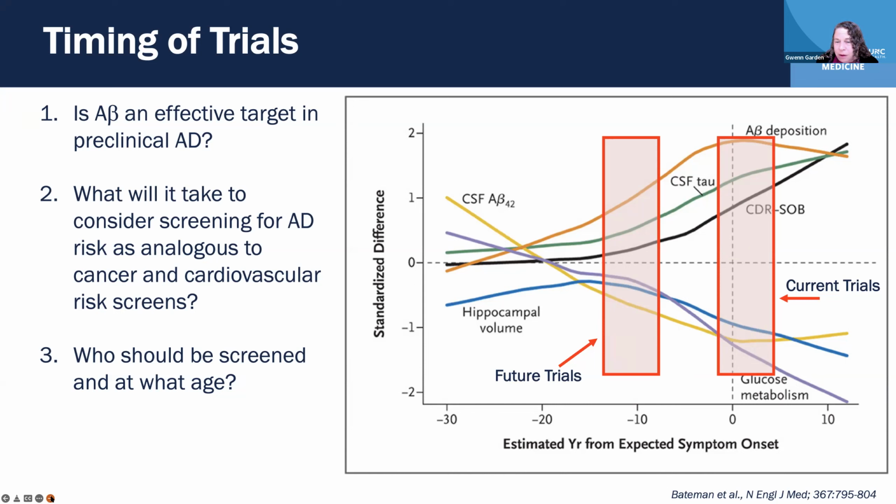These are all very important questions that individual investigators at both Duke and UNC are interested in pursuing. So for any trainees out there who are thinking about projects they may want to do during residency, I'd encourage you to potentially contact people in the ADRC and see if there might be ideas for your own research.